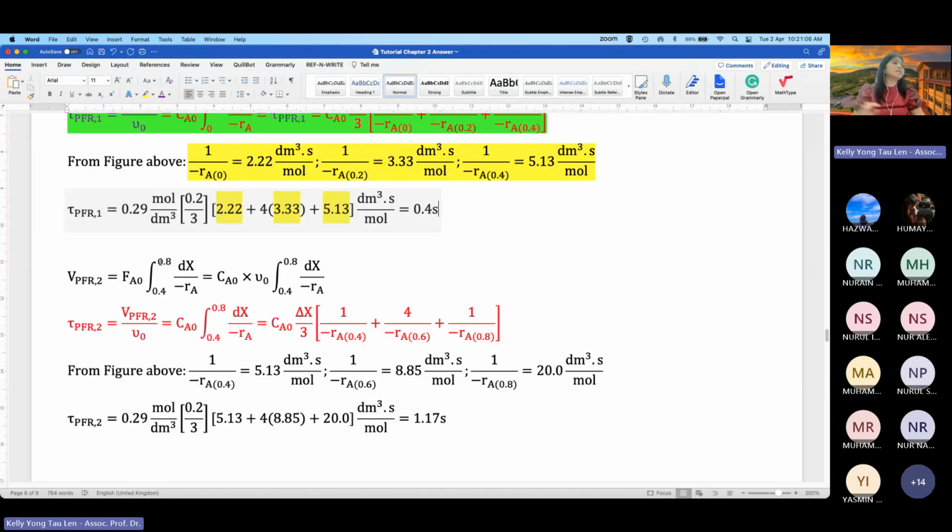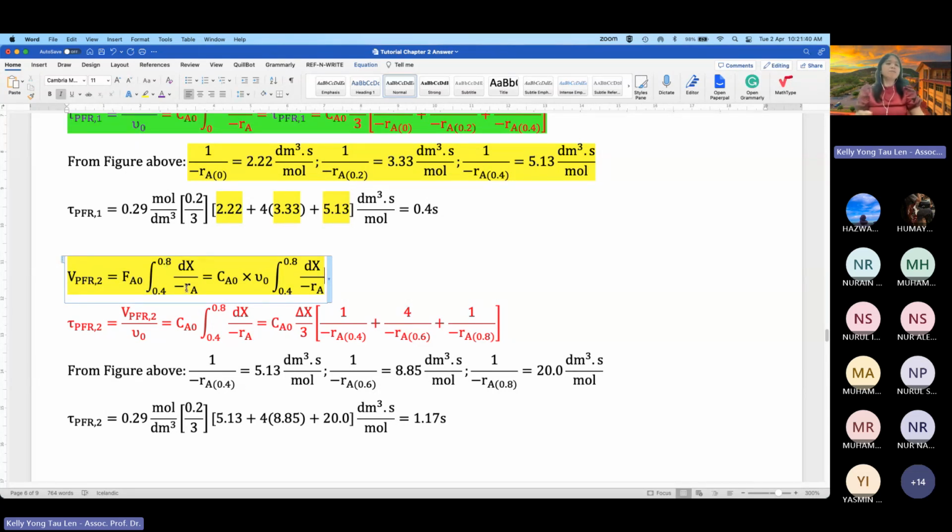Okay, now we go to the second PFR. Again, I repeat, you have two different space-times because the volumes of PFR 1 and 2 differ. The volume changes, so the space-time also changes. So what happens to the second reactor? Again, same formula. The volume of PFR2 is now equal to FA0 integrating from X1 0.4 to X2 0.8, dX per minus RA.